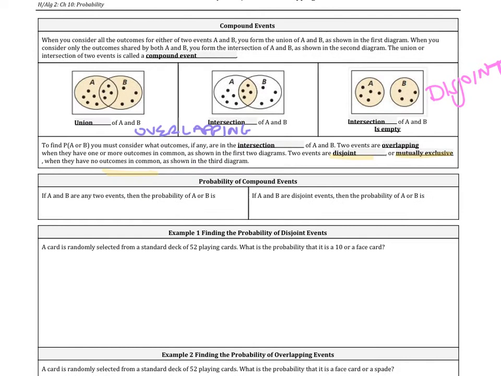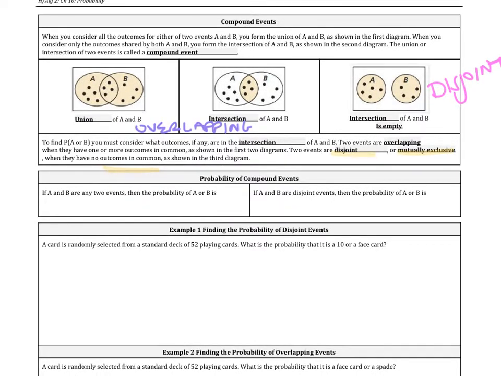So the probability of compound events: if A and B are any two events, then the probability of A or B equals the probability of A plus the probability of B minus the probability of A and B. So we have to subtract out the intersection of those events.